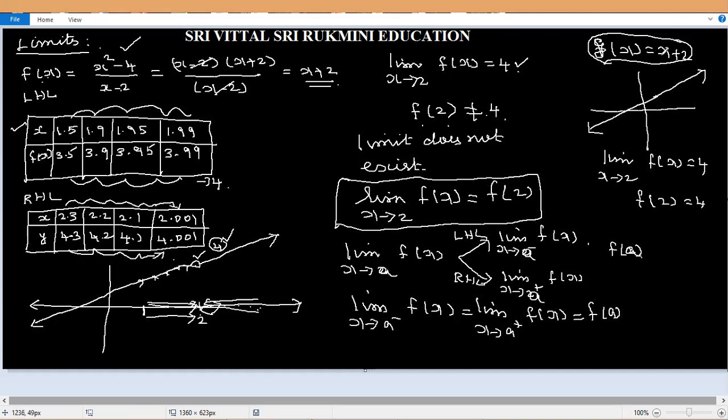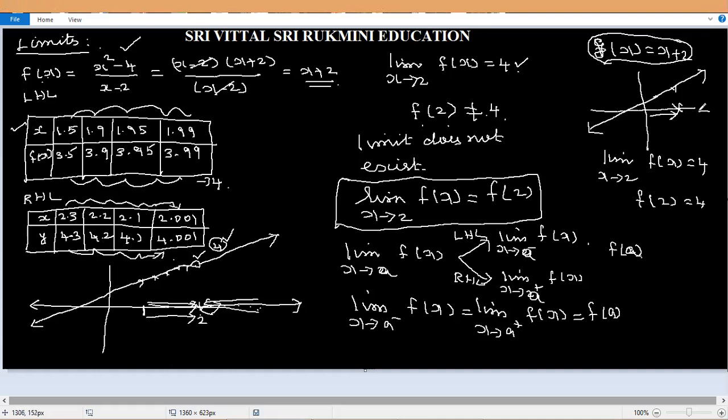For example, g of x equal to x plus 2. So here limit x tends to 2 of f of x equal to 4, and f of 2 is also equal to 4. That means limit x tends to 2 minus f of x, the left hand limit, is equal to 4. Limit x tends to 2 plus f of x is equal to 4. That means as the value of x reaches 2 from the left, f of x reaches 4. This is the left hand limit.